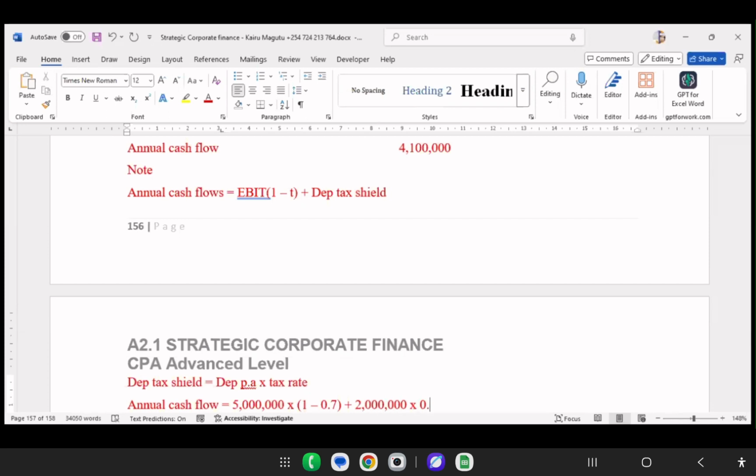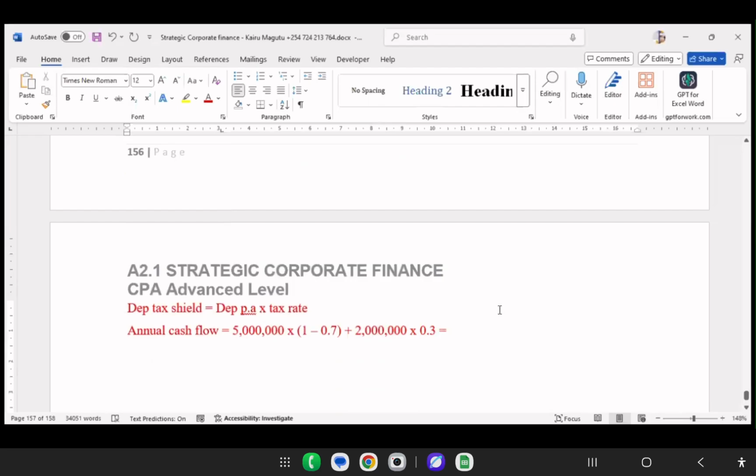Then this one we multiply by the tax rate, 0.3. Can someone put this in the calculator and tell me how much would be earnings before depreciation and tax, multiplied by 1 minus tax. Tax is 0.3. Someone to give me the answer to this one, please.